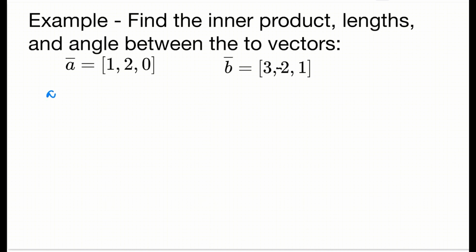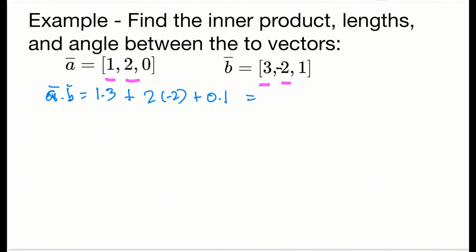So we know that A dotted with B, from that first equation we gave, is just the product of the components. So this is going to be 1 times 3, there's our first one, plus the second one is 2 times minus 2, and then plus 0 times 1.